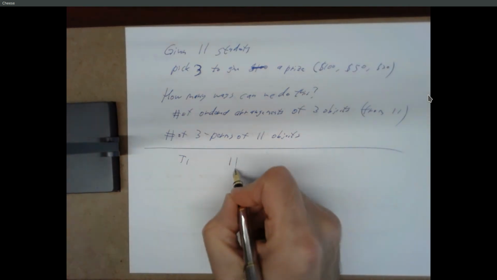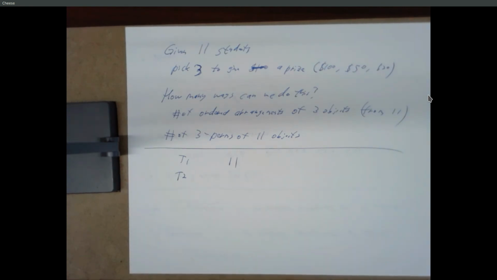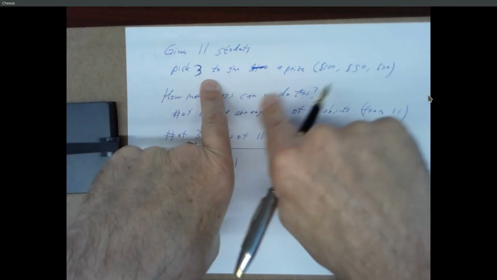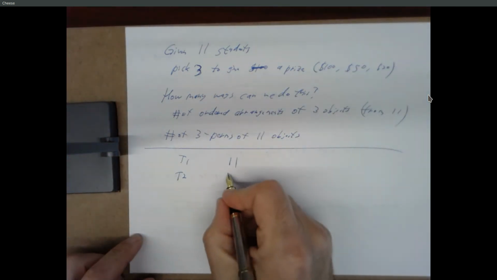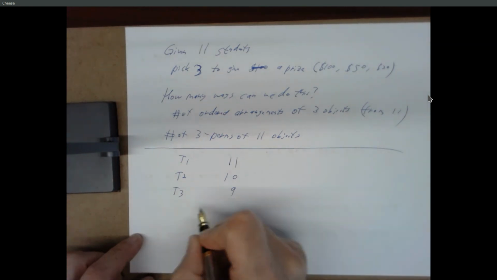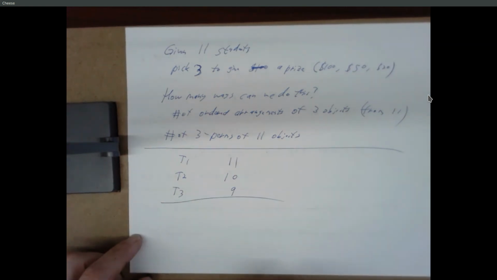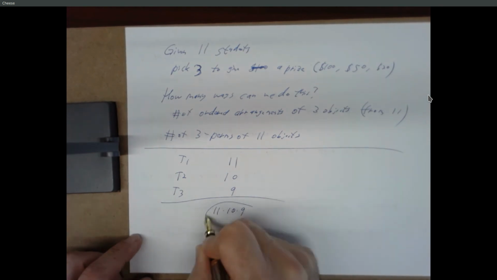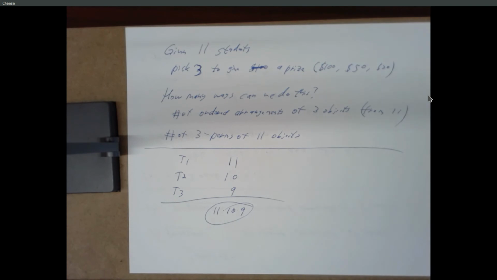Right, there's 11 ways to do that. And then we have to pick the student who's going to get the second prize, and it's kind of implicit in here that these are different students who get these, right? So for T2 we have 10 to choose from, and then for T3 we've got 9 students to choose from. And so the total number of ways we can pick 3 from 11 is 11 times 10 times 9. So whatever that turns out to be, 990 or something.